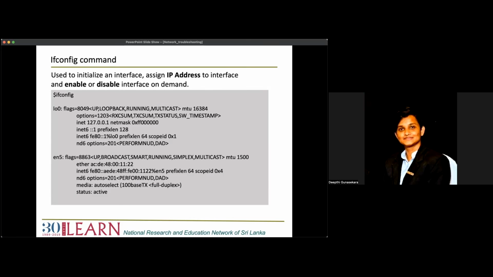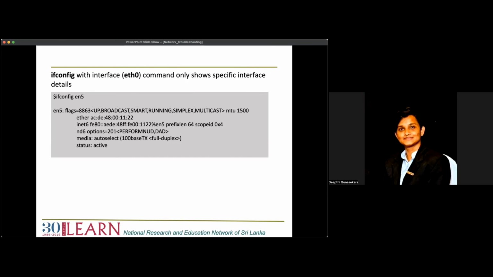There you can see the interfaces and the IPs assigned to your machine. If you want to see just the en5 interface, you can use ifconfig en5. Currently I am not using my terminal because it's a public-facing IP.